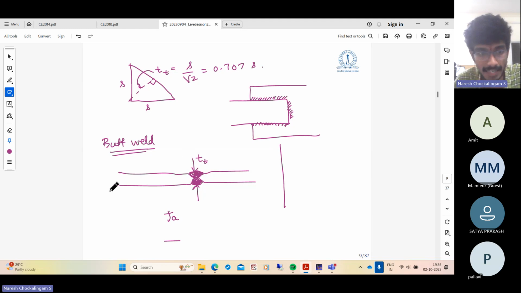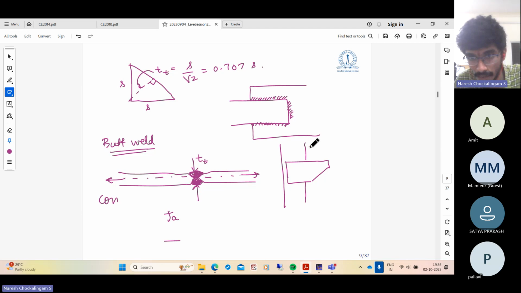So these are all concentric connections where the forces are acting along the same line. Eccentric connections are common in beam column joints. So you can have a face. So this can be the flange of a column facing us, and it can be a beam which is placed in this fashion.